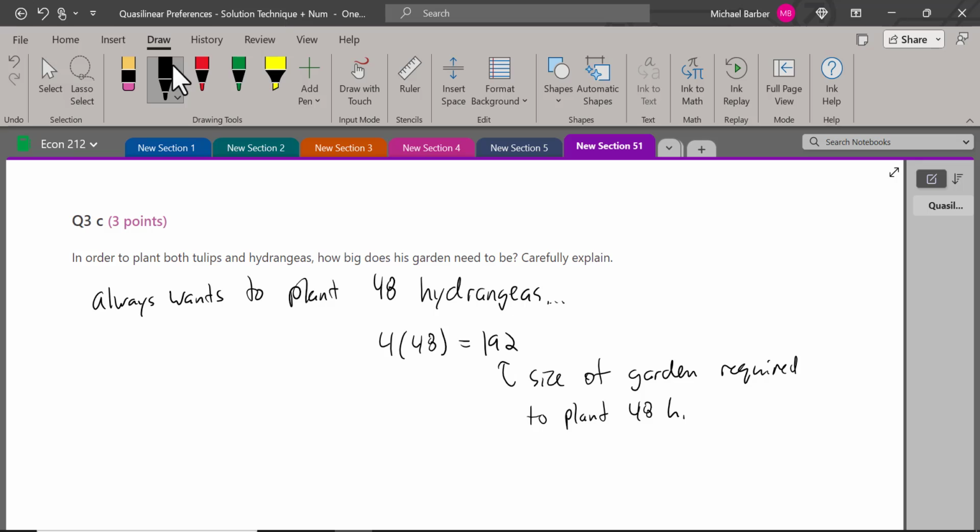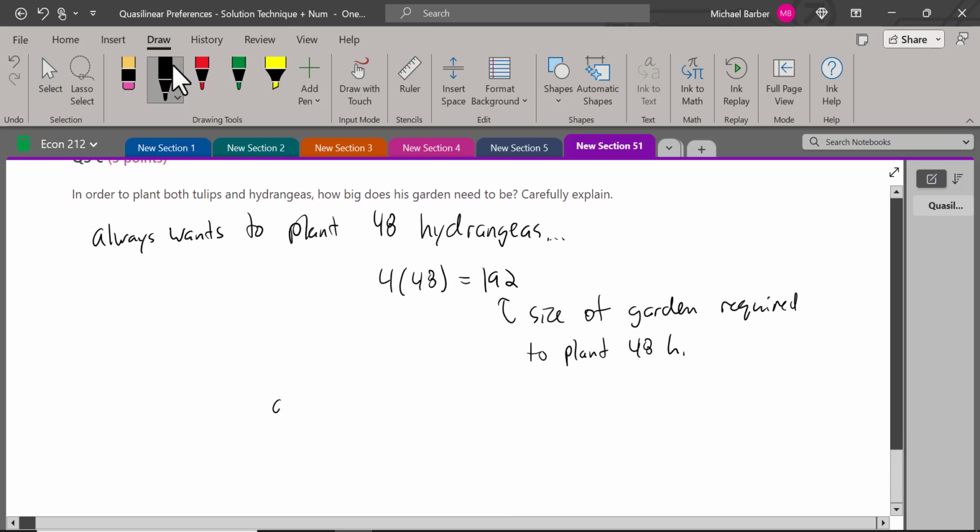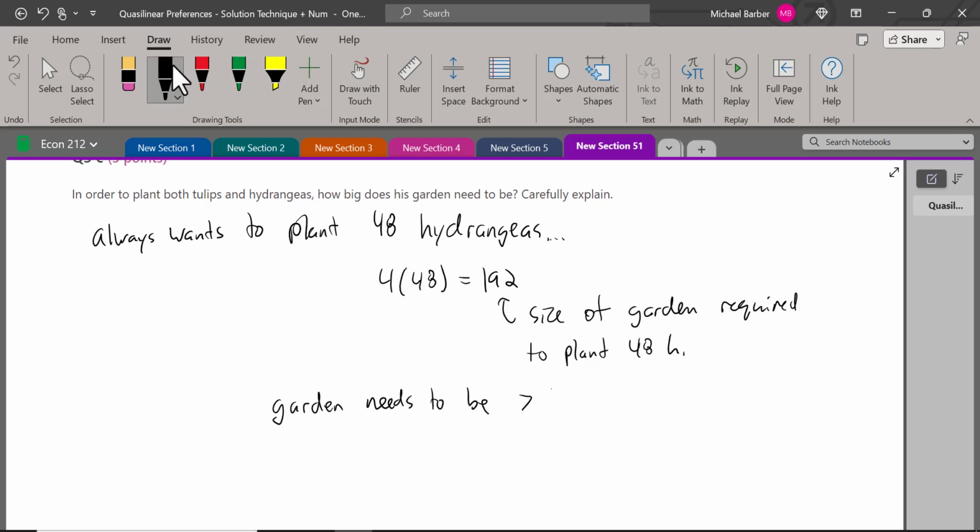And so the garden needs to be bigger than that, or the income needs to be bigger than that, in order to want to plant tulips as well. So the garden needs to be greater than 192 square feet to plant both flowers.